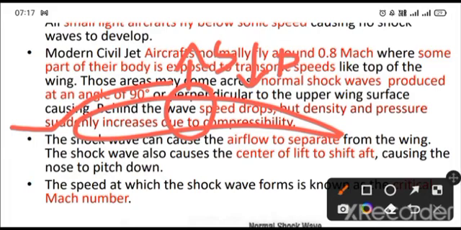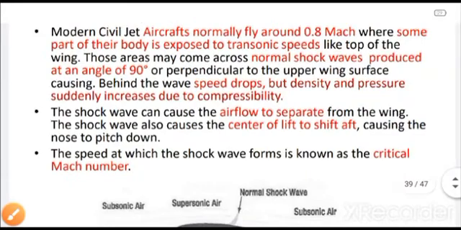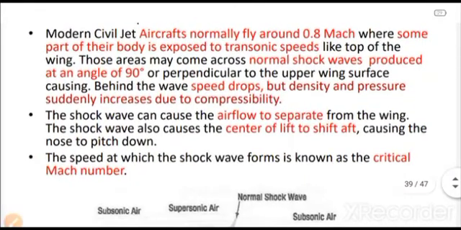So if there is a transonic speed coming like this, as the speed increases over here, you can expect that to be already becoming supersonic. That's the reason it has been said that some part of the aircraft will be experiencing supersonic speed even when the actual aircraft speed is not supersonic.